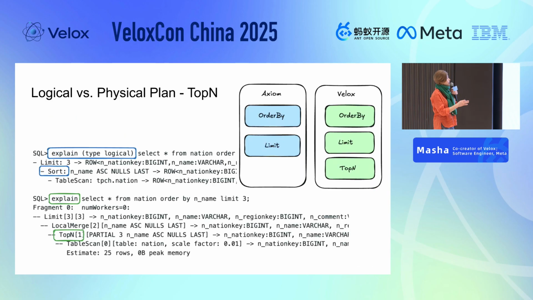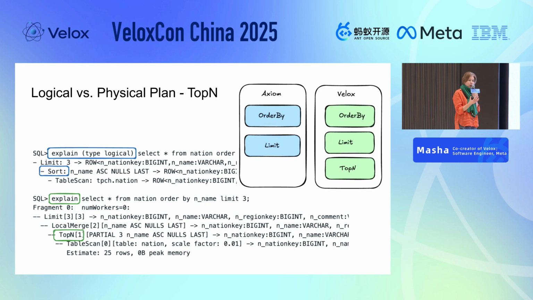Another difference between the logical and physical plan comes when we have an order by or limit. In Velox, we also have a special plan node, top n, which combines order by with limit because it's more efficient to execute order by with limit as a top n, where you don't sort the whole row, you just keep a set of top n rows at any given time.